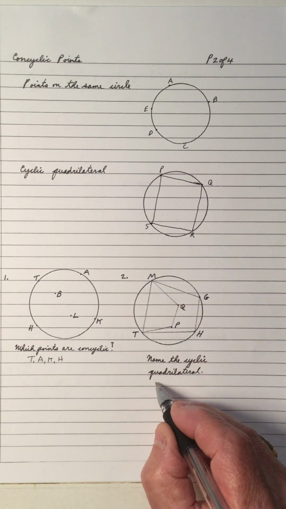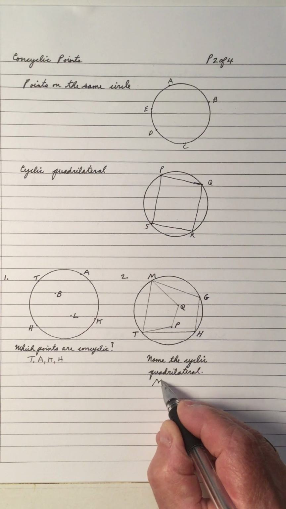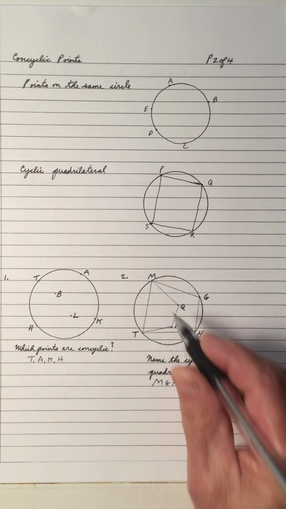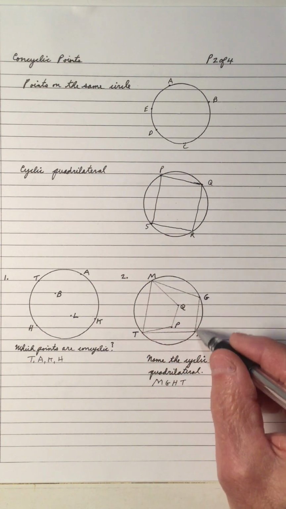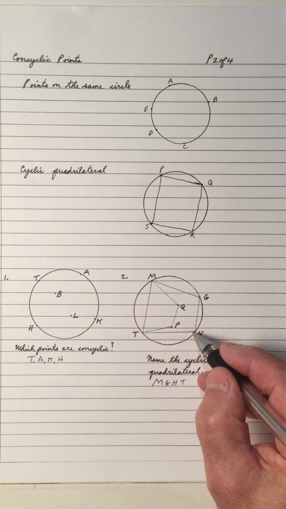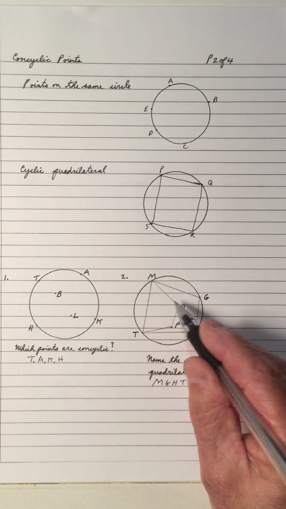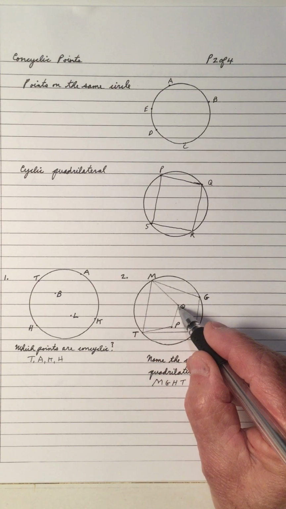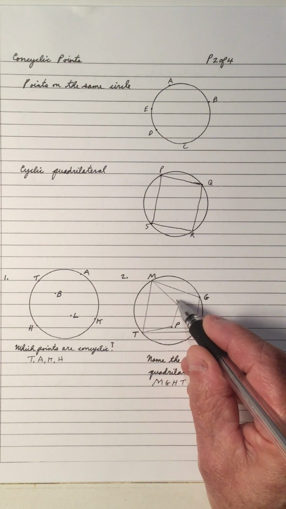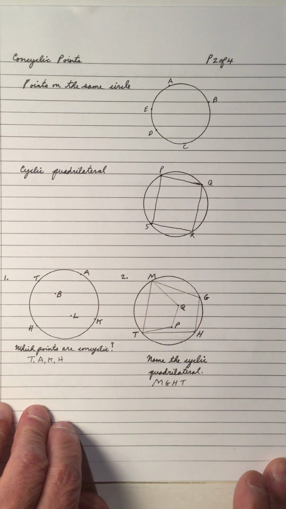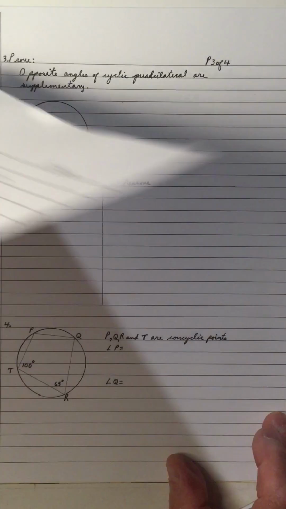But the cyclic quadrilateral is MGHT because these 4 points, M, G, H, T, lie on the circumference of the circle. So MQPT is a quadrilateral, but Q and P are on the inside of the circle, so it's not cyclic. So we have a cyclic quadrilateral and concyclic points.